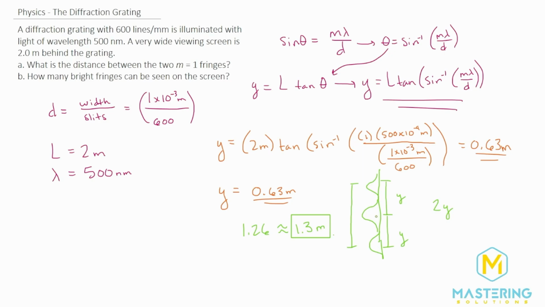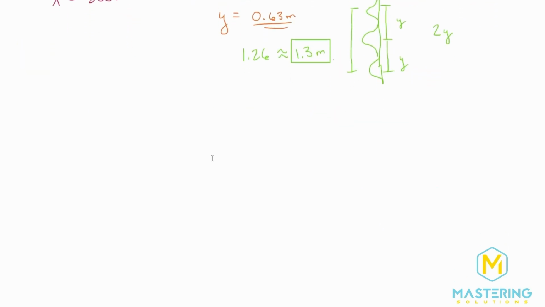Now for part B, we need to figure out how many bright fringes can be seen on the screen. This concept took me a long time to wrap my head around, but what I like to think of is zooming in on a single slit in our diffraction grating. The light comes through and gets diffracted to some angle theta.